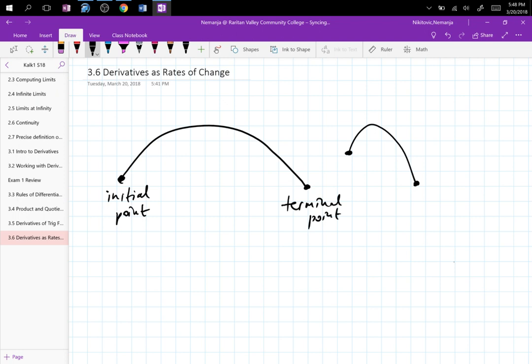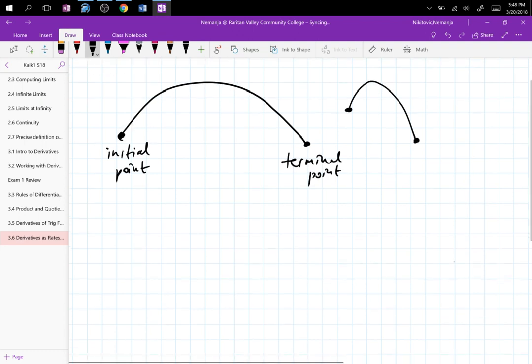Now, if you put this in a coordinate system where your x-axis is going to be time, we are going to have a function for the position of the object described through its progression in time as the independent input variable.